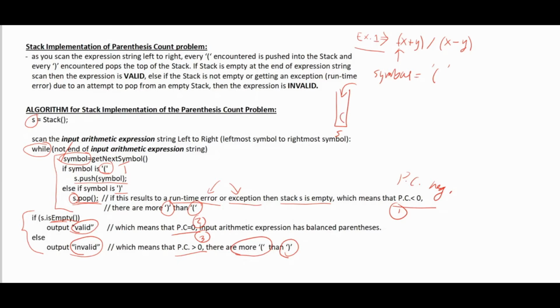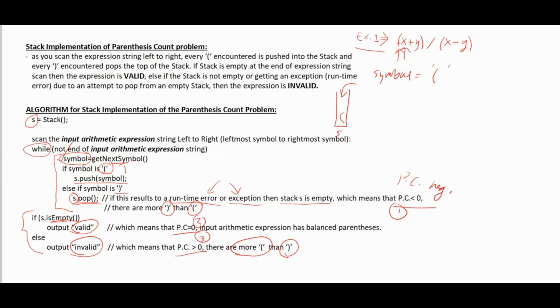Then after that, we get the next symbol, which is X. Since it's not a left parenthesis or a right parenthesis, we do nothing. We only perform an action, the push, if the symbol is a left parenthesis, and we perform the pop operation if it is a right parenthesis symbol.